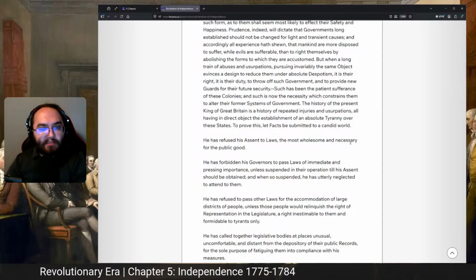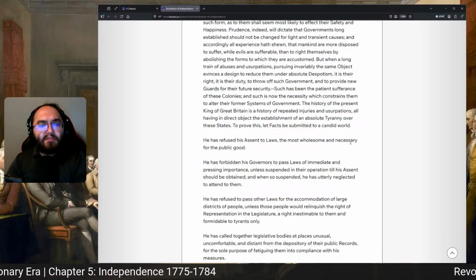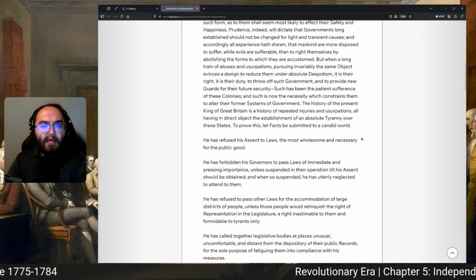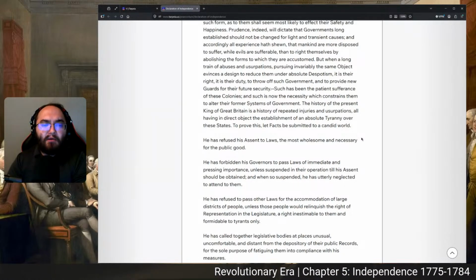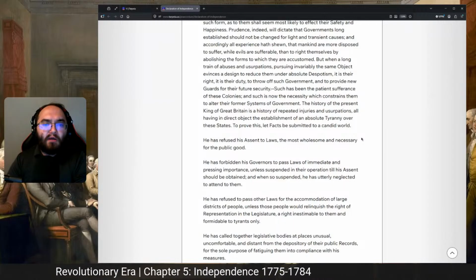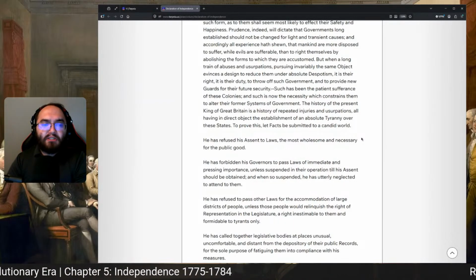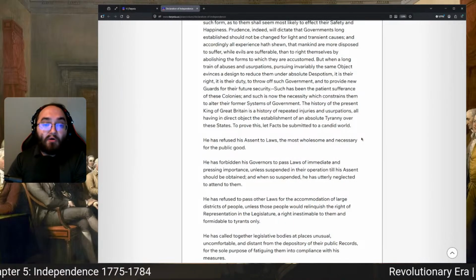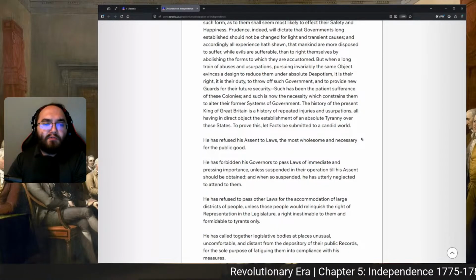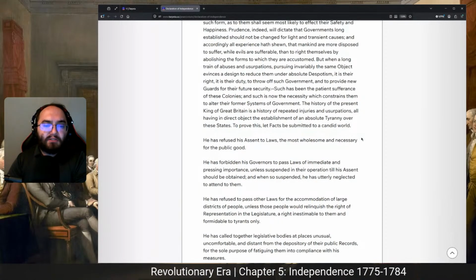Prudence, indeed, will dictate that governments long established should not be changed for light and transient causes, and accordingly all experience hath shown that mankind are more disposed to suffer, while evils are sufferable, than to right themselves by abolishing the forms to which they are accustomed.